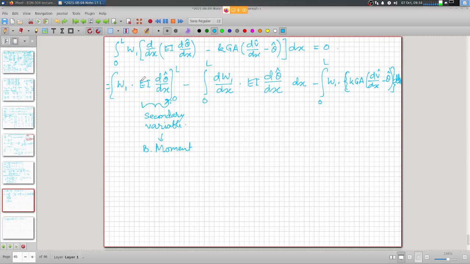Which will be the corresponding work quantity, between V and theta? The work quantity can be achieved when we couple with bending moment.